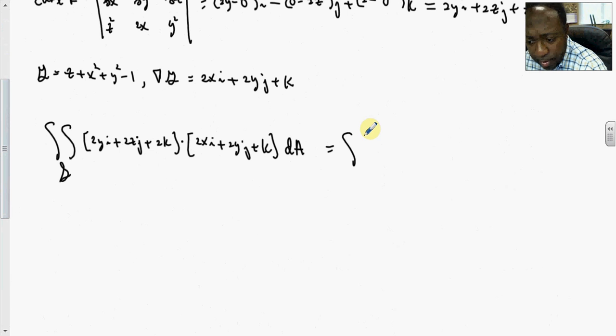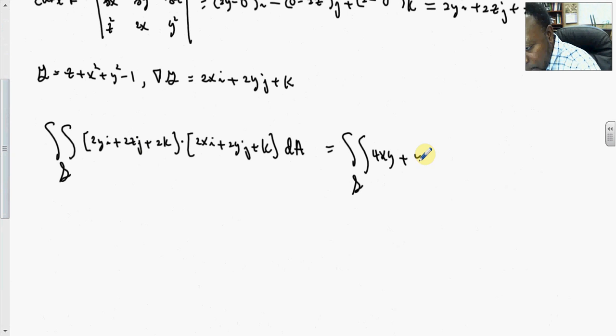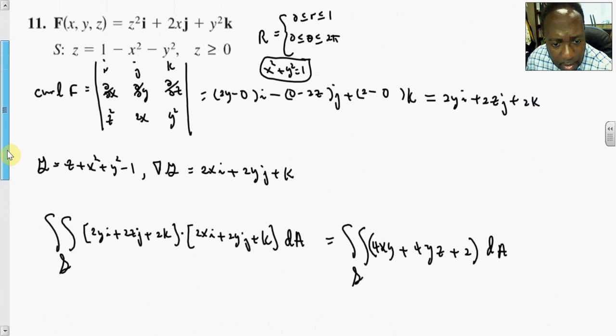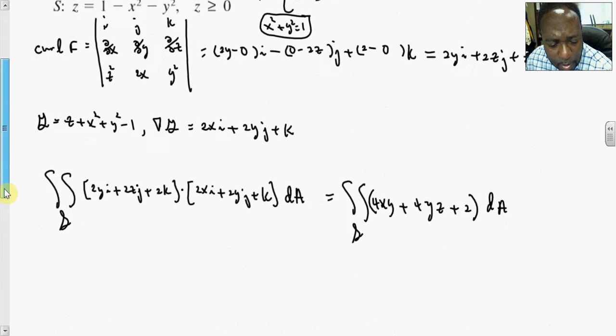To simplify this, we have 4xy plus 4yz, and then plus 2. Now z is equal to 1 minus x squared minus y squared.